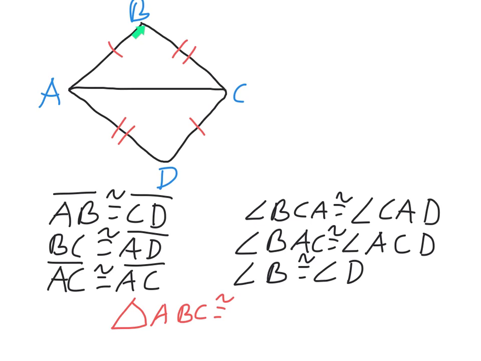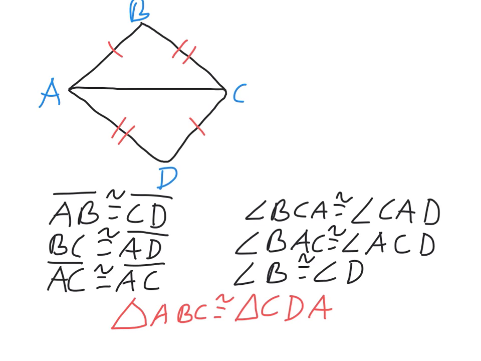Then I have to go from B to C, and that brings me through the second slash. So I have to go through the first slash and then through the second slash. The only way to do that in the second triangle is from C to D and from D to A. So that means it's going to be named triangle CDA. Triangle CDA.